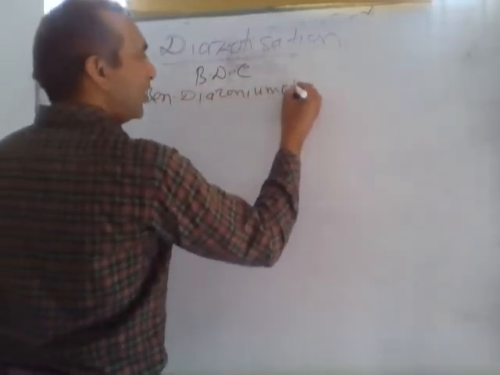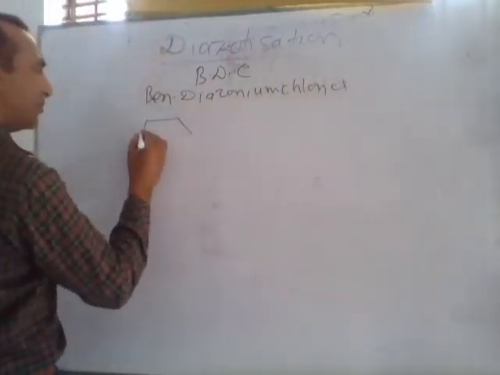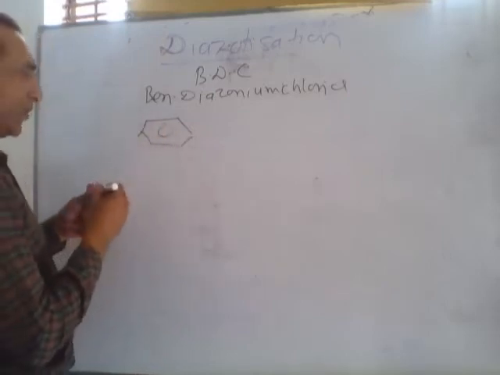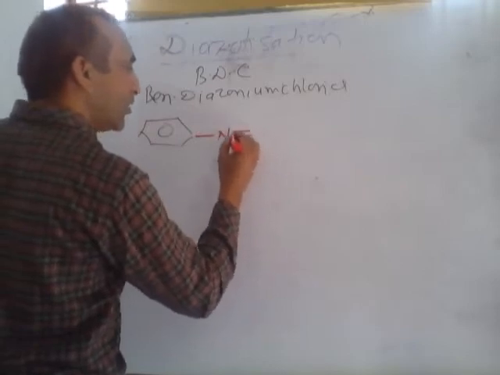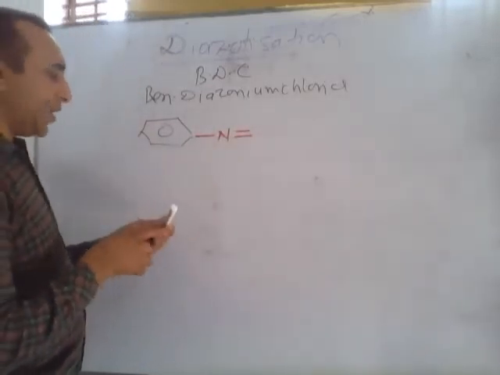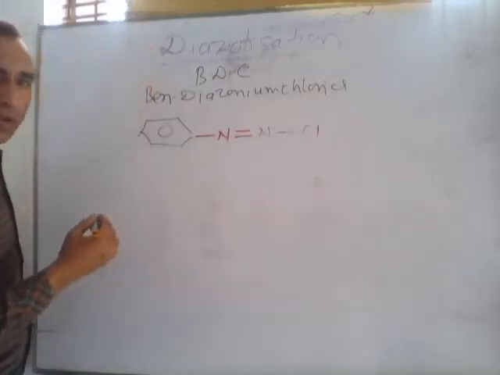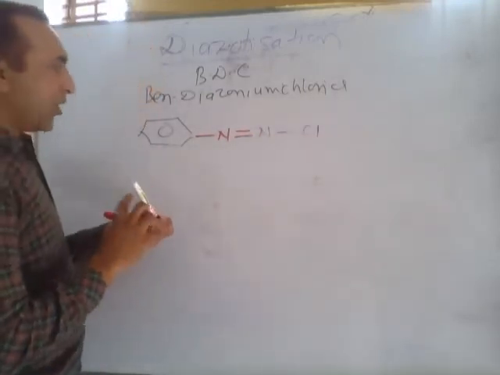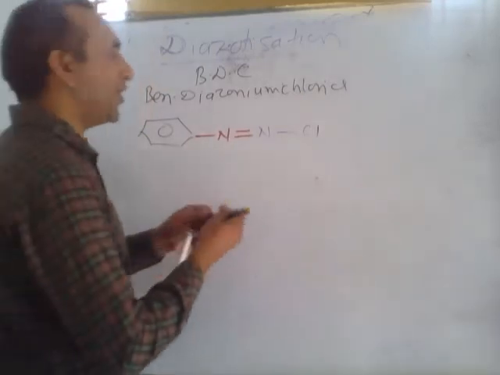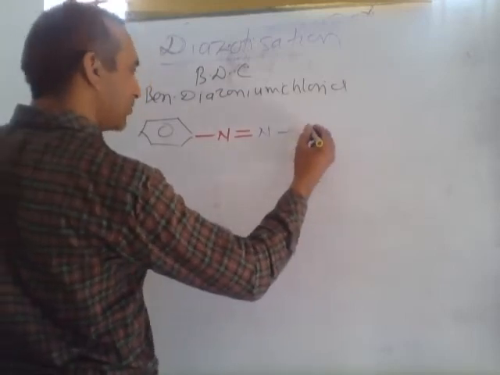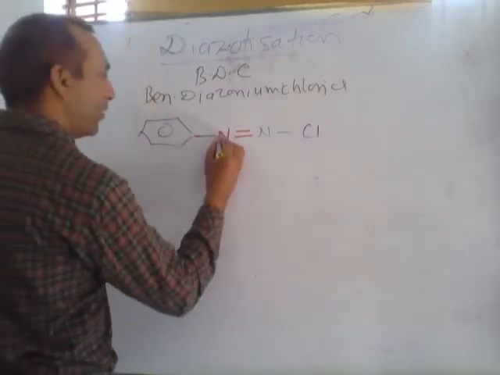diazonium chloride. So this is benzene, and this one is diazonium. Diazonium means N double bond N, and last there is chlorine. You can observe I am writing this compound in three different colors.